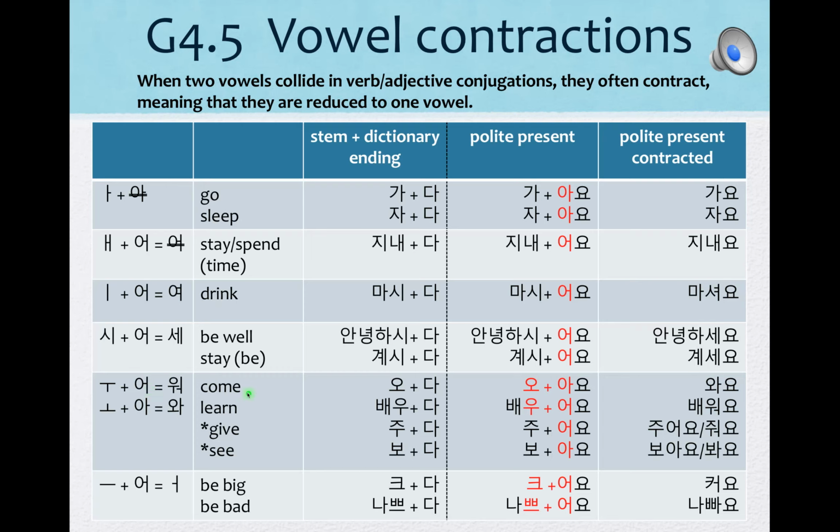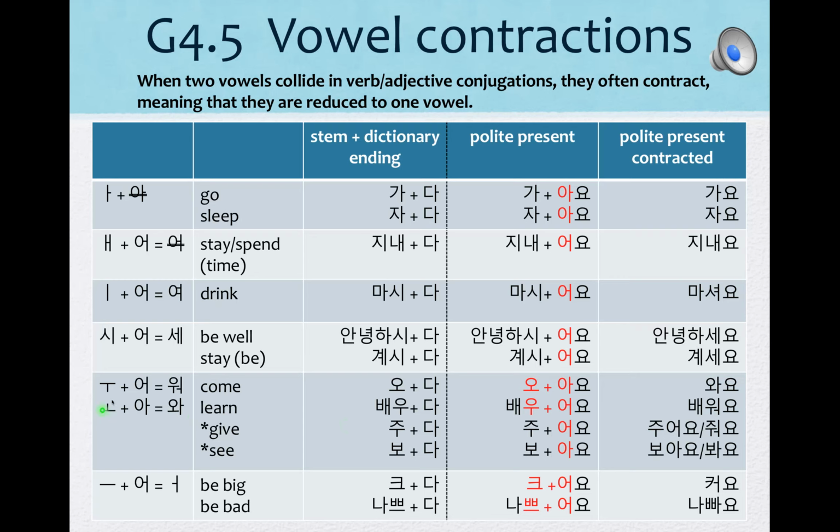U is not bright, but then when you combine them, wa. You hear that? 오다, to come, wa. Actually, it's this one. 오아, wa. Learn, 배우. This is the dark one. 배워요.